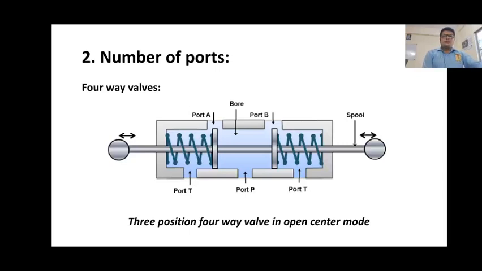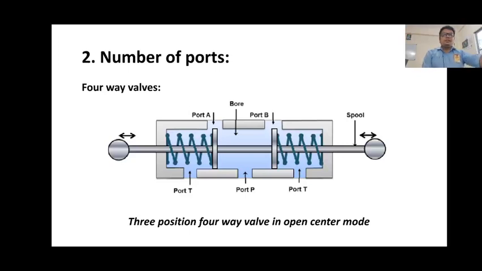The primary function of a four-way valve is to pressurize and exhaust two working ports A and B alternatively. You can see from the figure a three-position four-way valve in open center mode. These types of valves have three switching positions and a variety of possible flow path configurations but have identical flow paths.